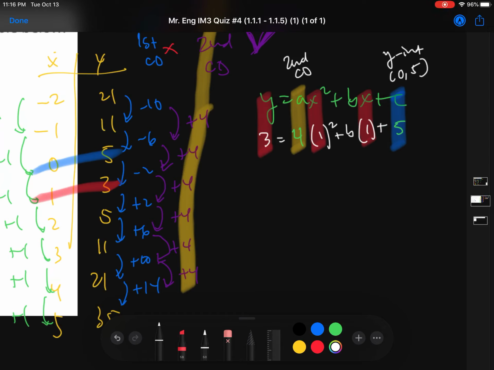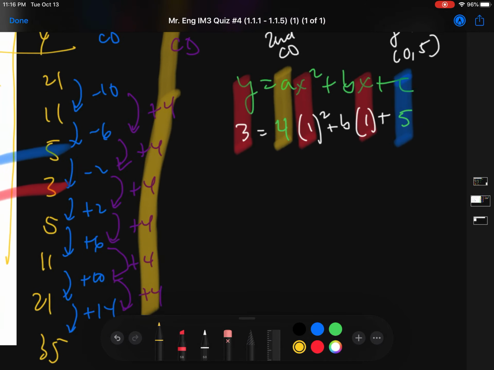Okay, let's solve for b now. Remember, we're using PEMDAS, so exponents first. 1 squared is 1, 4 times 1 is 4. B times 1 is just b, and you have plus 5. You're going to combine like terms on the one side of the equal sign.